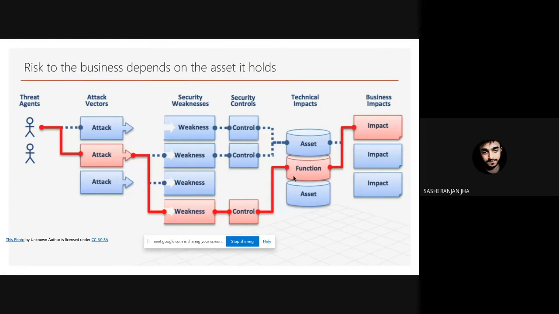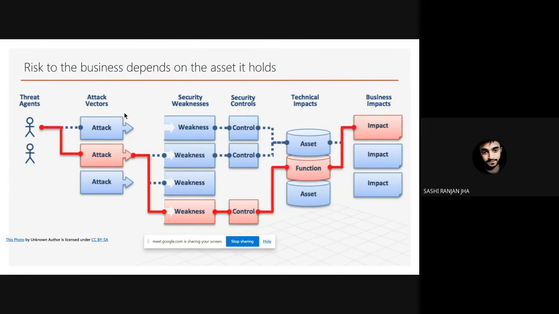All the risk that is associated with a business depends upon the assets that it holds. It simply means that whatever service the website is providing, it depends upon the attacker whether they want to exploit those services, how much advantage they can take out of the website, and what could be the impact on the business out of it.